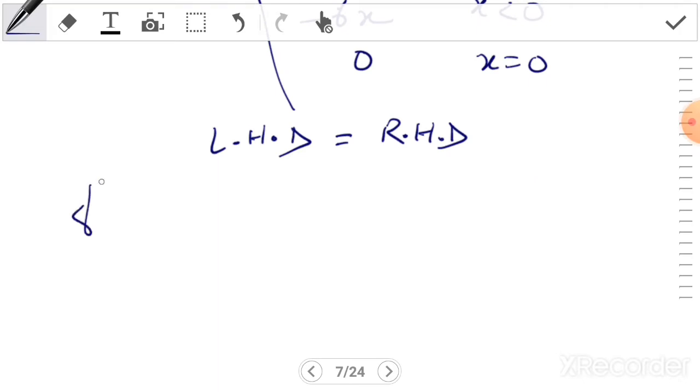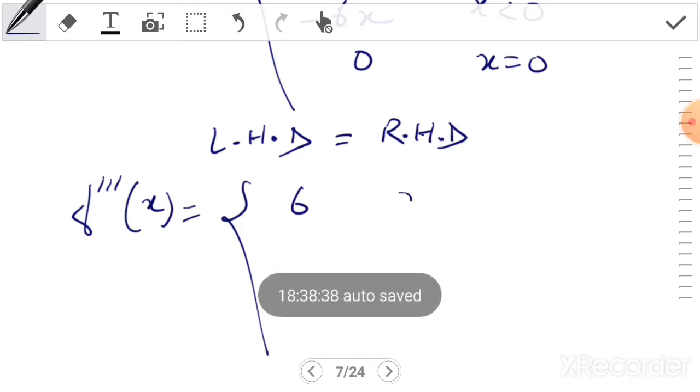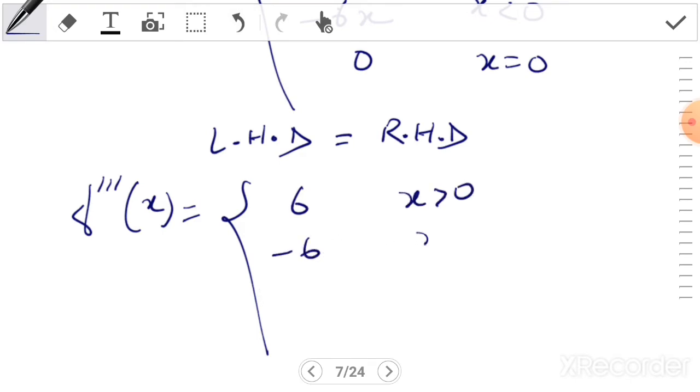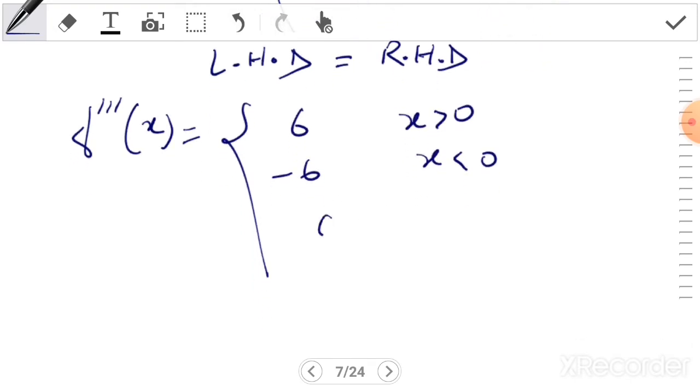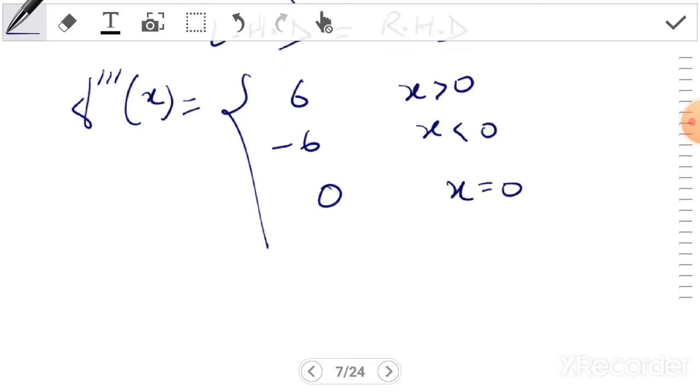Let us take third order differentiation, which is plus 6 at x greater than 0, minus 6 at x less than 0 and 0 at x equal to 0. Now the left hand derivative is minus 6, and the right hand derivative is plus 6.